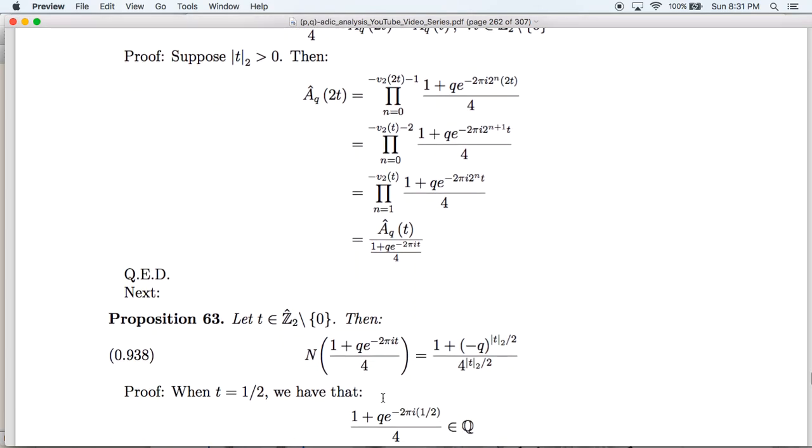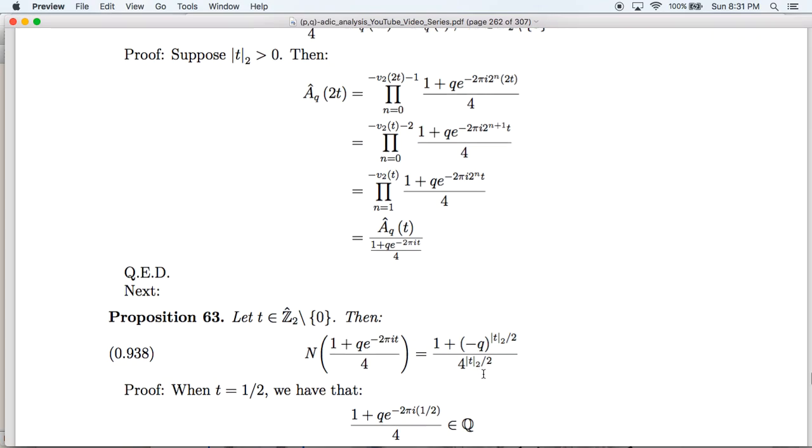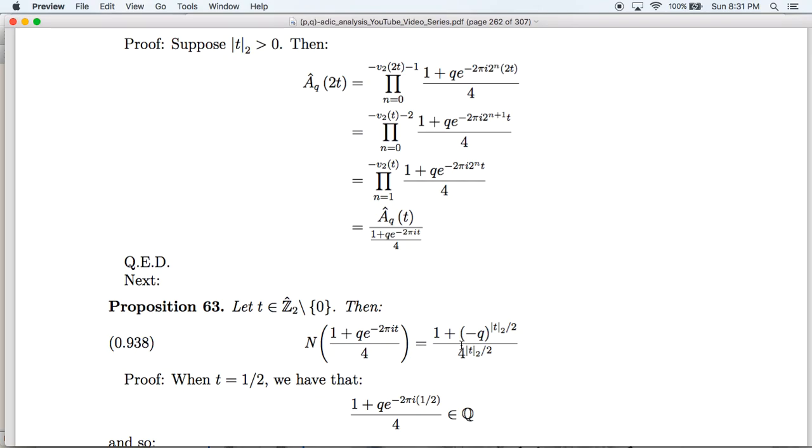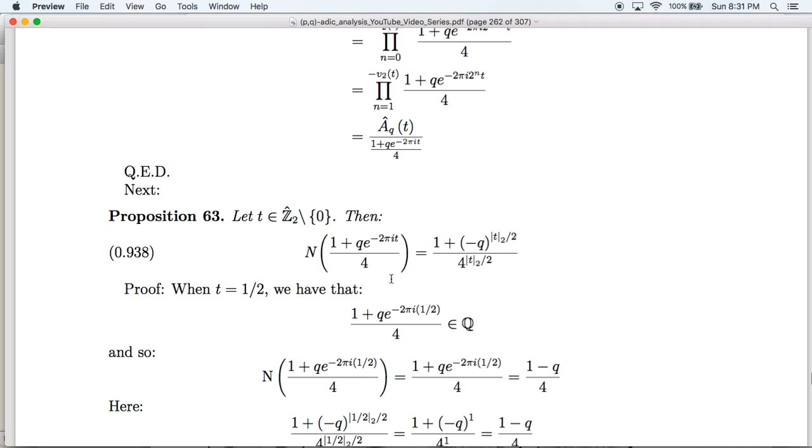Now we're going to compute the field norm of this function, and for non-zero t it's going to be equal to 1 plus negative q to the power of the q-adic absolute value of t over 2, divided by 4 to the power of the q-adic absolute value of t over 2. Just to check this, when t equals 1/2, this is going to be the rational number 1 minus q, and so its field norm is just itself.